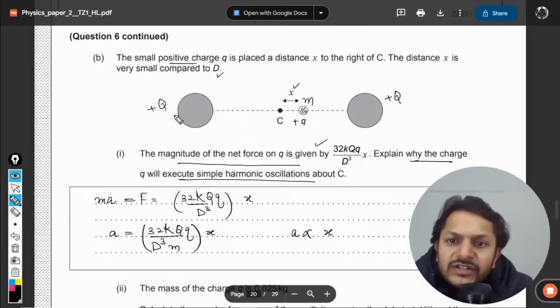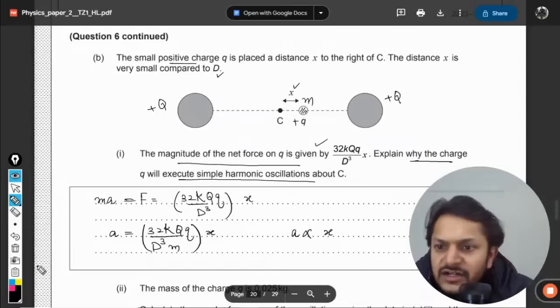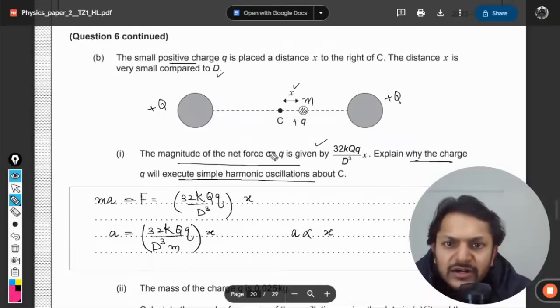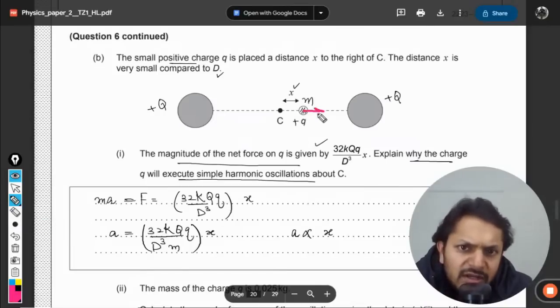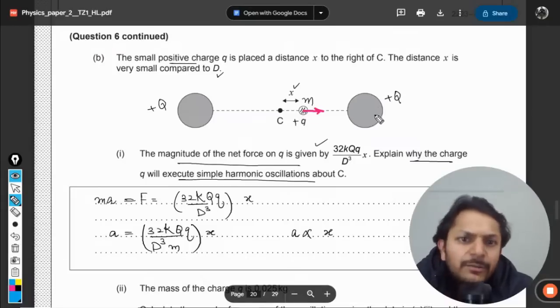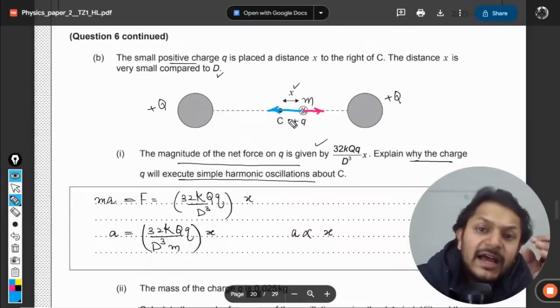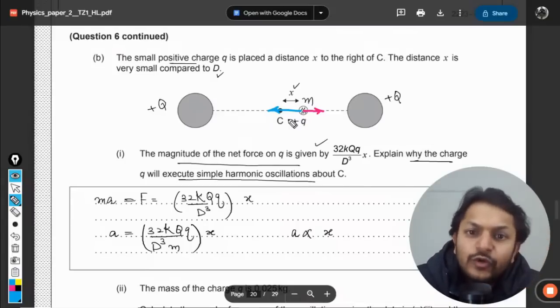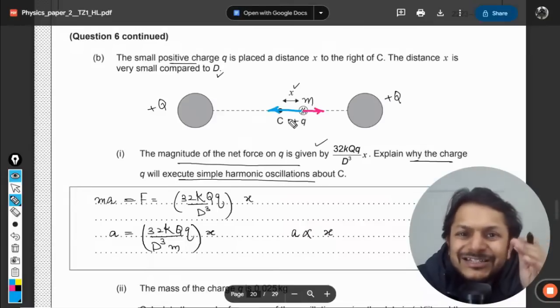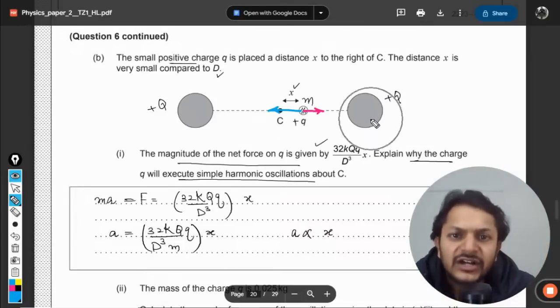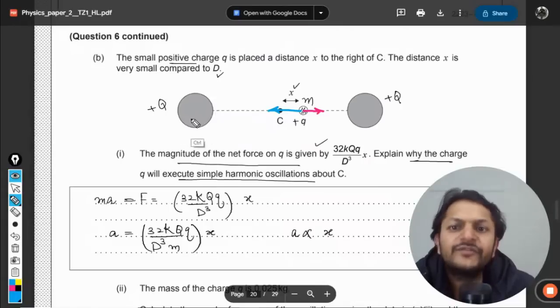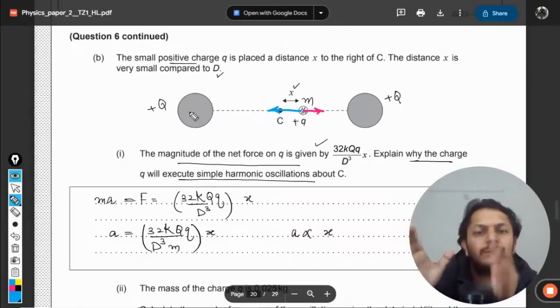Now obviously this charge is also creating a repulsive force here, and this charge is also creating a repulsive force, but this force will be greater, and it will be greater than the other force. Why? Because the distance from the second charge is lesser, but the distance from the first charge is bigger, so that force will be lesser.